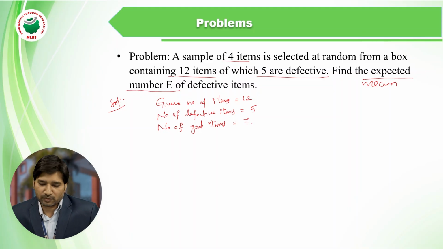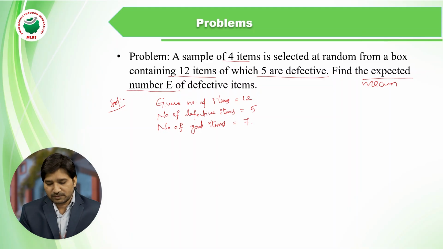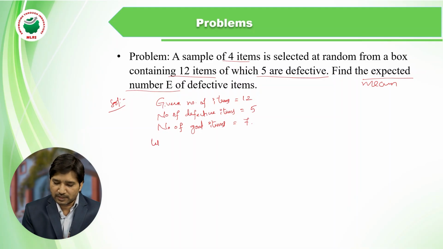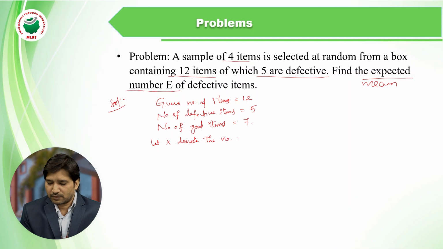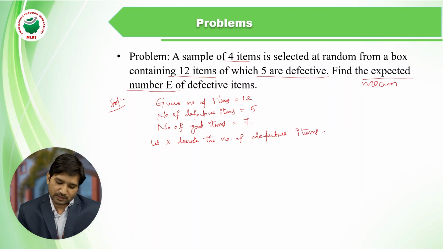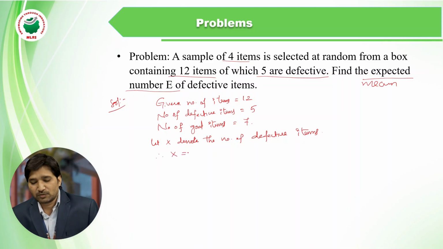Now let us take capital X equal to the number of defective items. Let capital X denote the number of defective items. Therefore, capital X equal to, we have to select only four items, so 0, 1, 2, 3, 4.